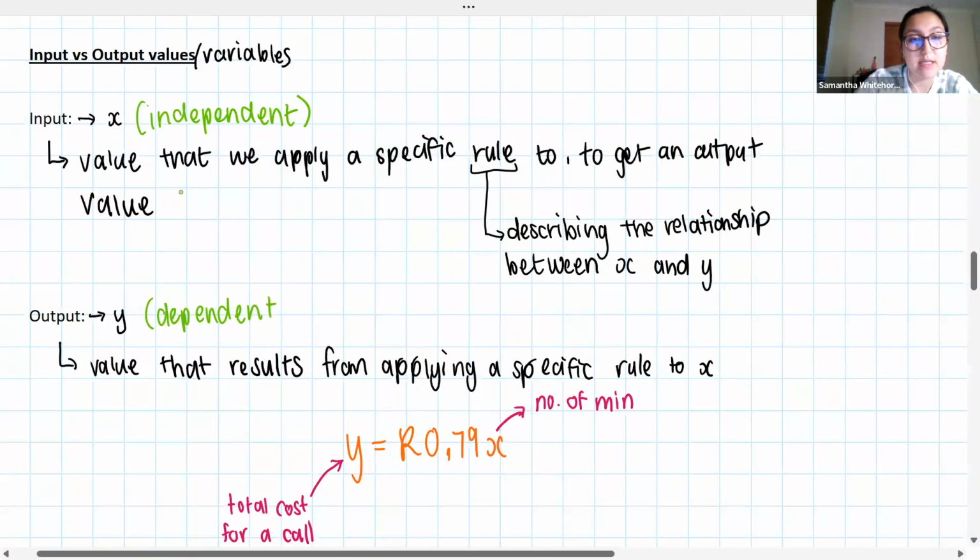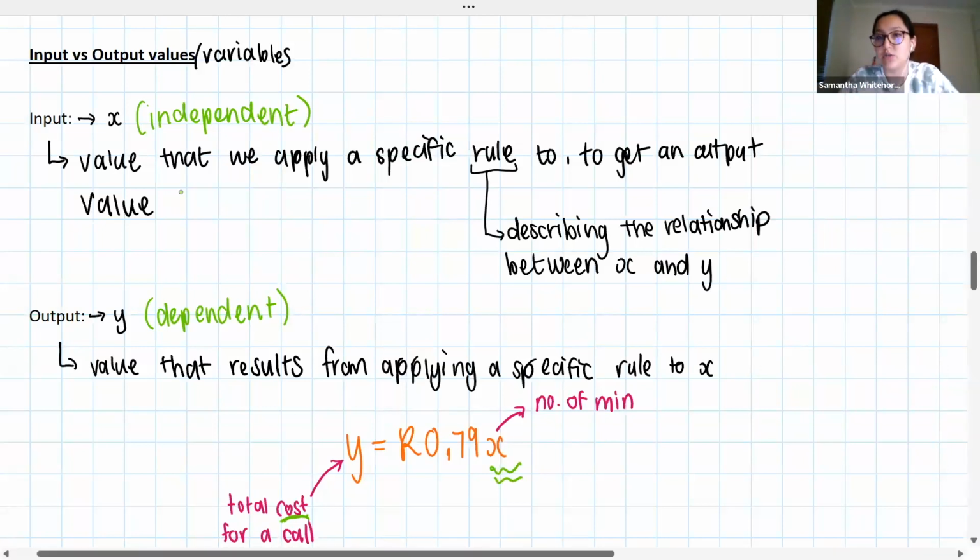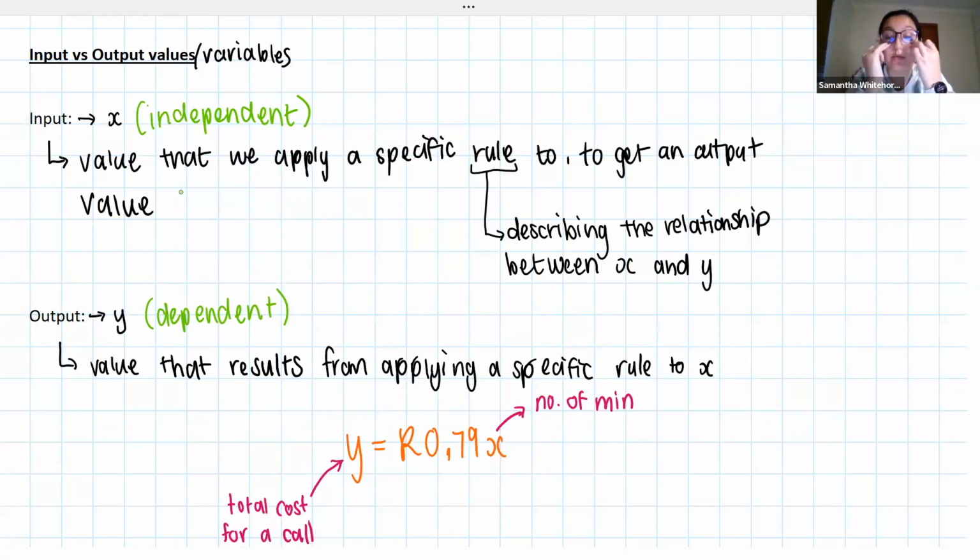If we go back to the airtime example, Y, the total cost of your call, depends on the number of minutes you spend making your call. We can think of our input and our output as independent and dependent variables. One value depends on the other: y depends on x, and it follows a specific rule according to whatever our scenario is.